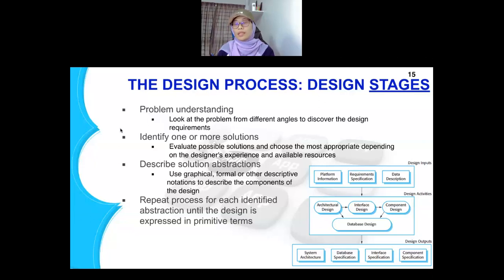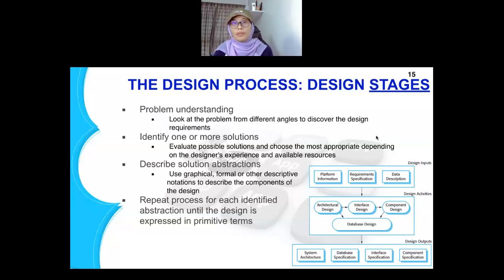The design input, where you identify the platform, requirement specification, and data description. Then the second level, design activities, where we talk about architectural, interface, and component design, which goes back to the database design. Finally the design output: system architecture, database specification, interface specification, and component specification. This is the one you may need to highlight.